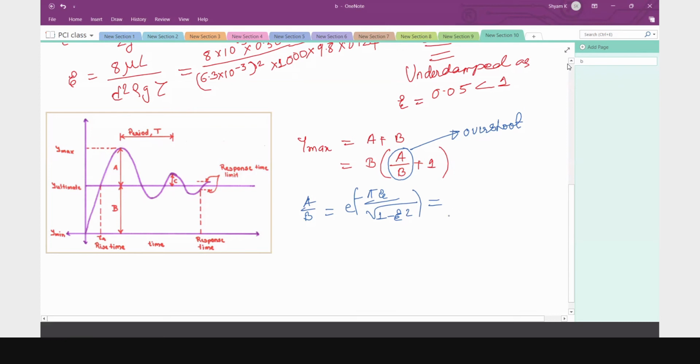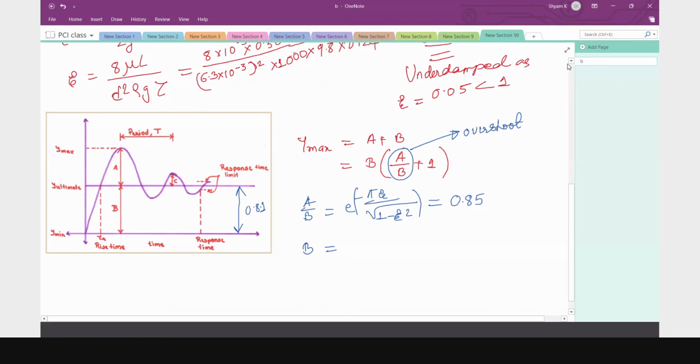Yes, Prabhuda is correct. 0.85. And what is the value of b? It is 0.8.